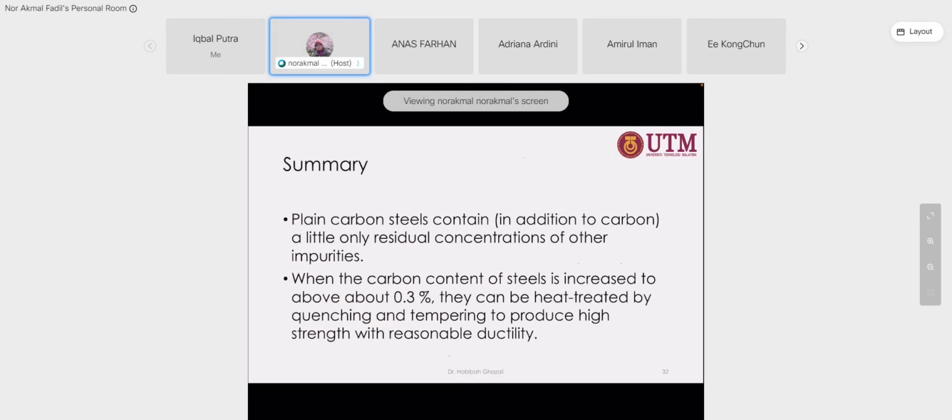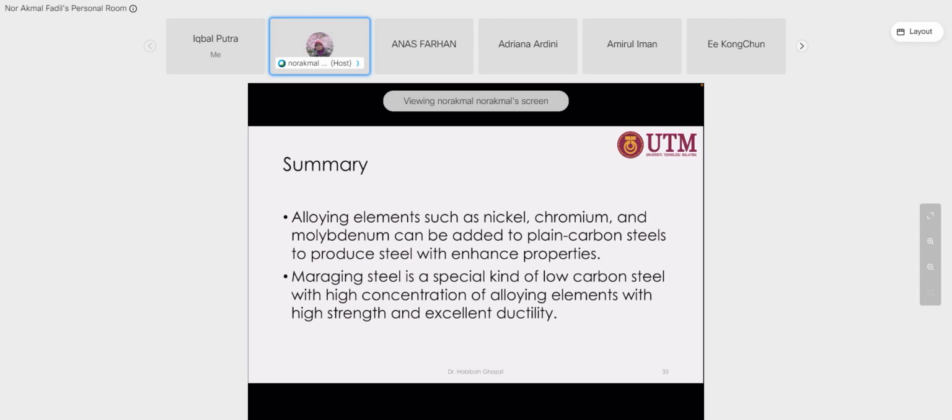In summary, plain carbon steel contains, in addition to carbon, only a small residual concentration of impurities. When the carbon content of steel is increased to above 0.3, it can be heat treated by quenching and tempering to produce high strength with reasonable ductility. Alloying elements such as nickel, chromium, and molybdenum can be added to plain carbon steel to produce steel with enhanced properties.